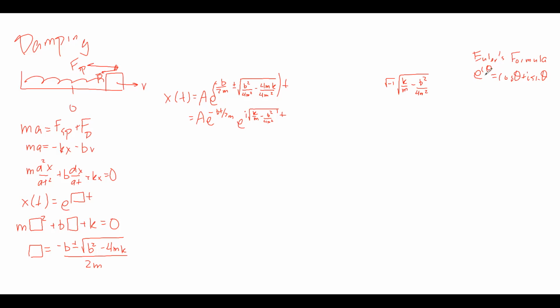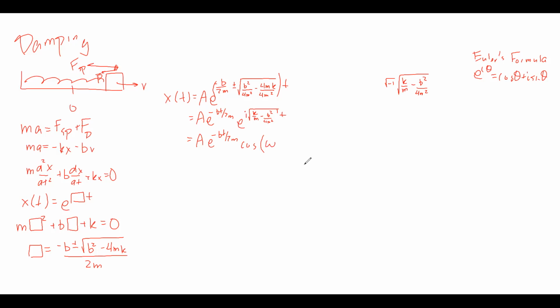But that means I can turn that second exponential into a cosine. So I get e to the minus bt over 2m, technically times cosine of that thing plus i times sine of that. But once again, we're only concerned about the real part. So I can drop the imaginary part, and this ends up being cosine of that square root times t.